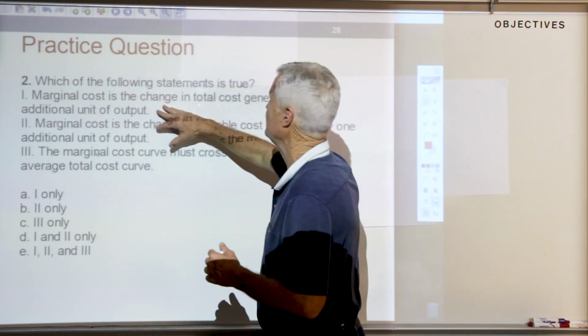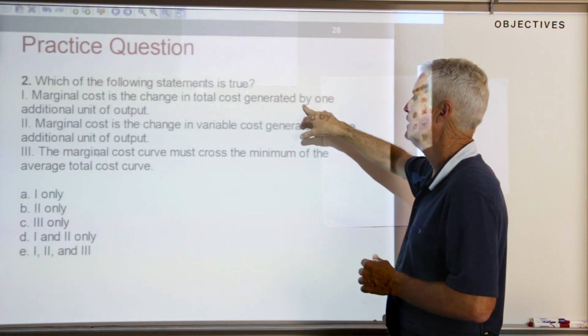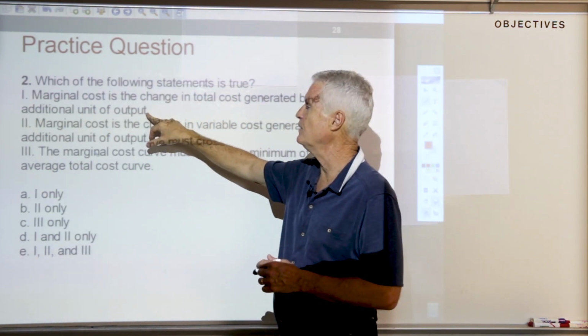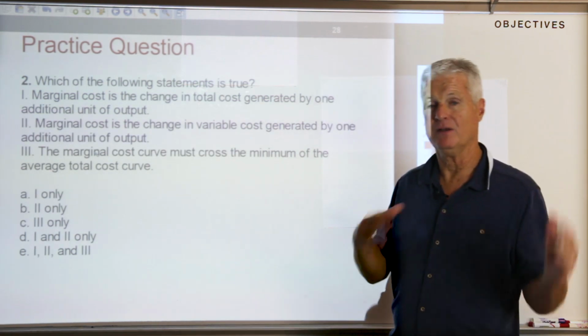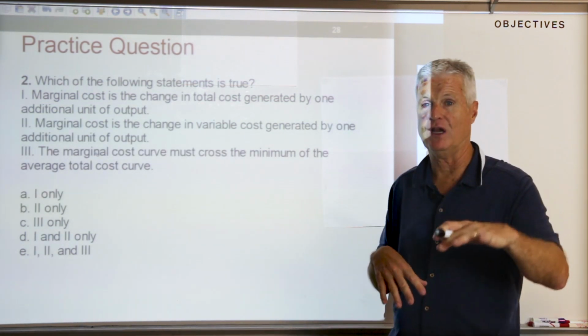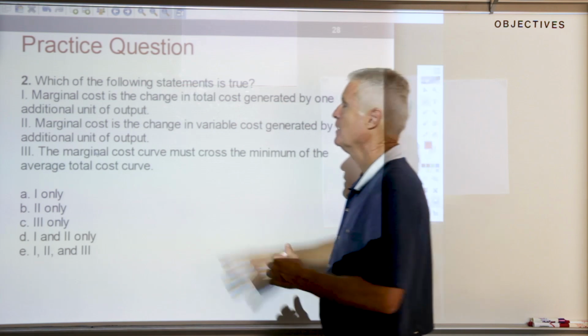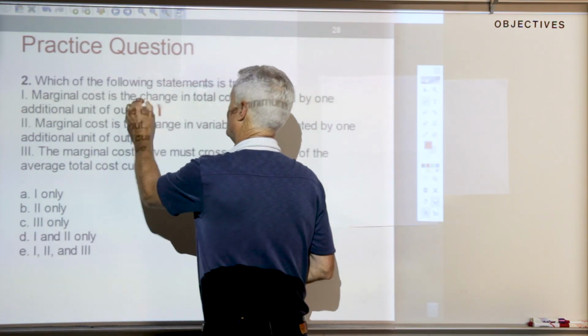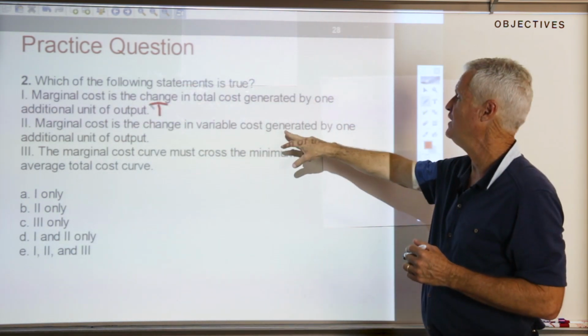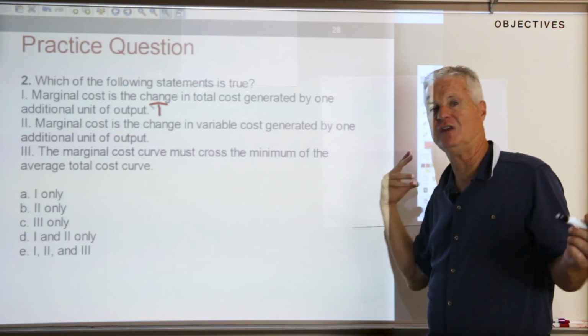Okay, marginal cost is the change in total cost generated by one additional unit of output. Yeah, that's it, right? Change in total cost, because fixed costs don't change, so it's really the change in variable cost, but it's also the change in total cost. That's true. Marginal cost is the change in variable cost generated by, that's what we just said, right?